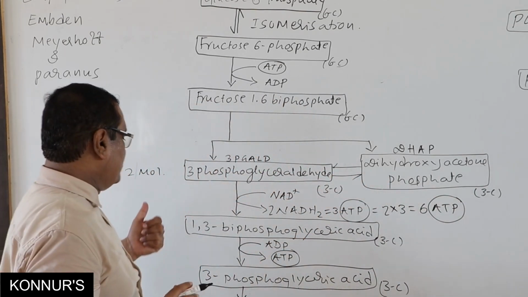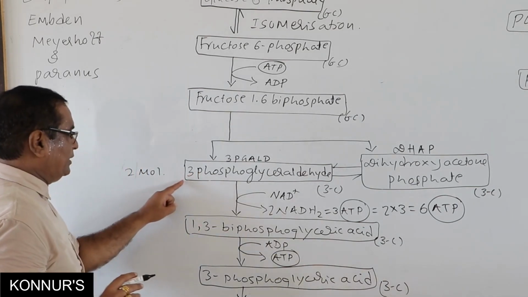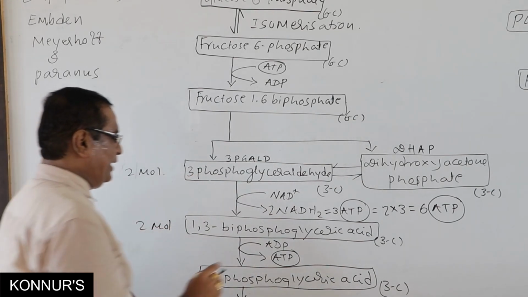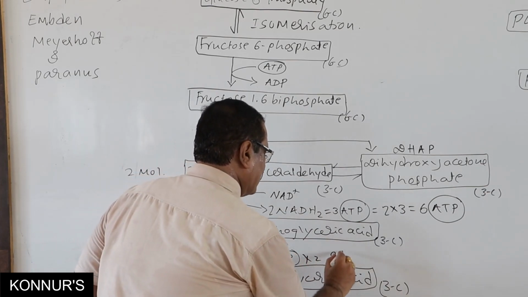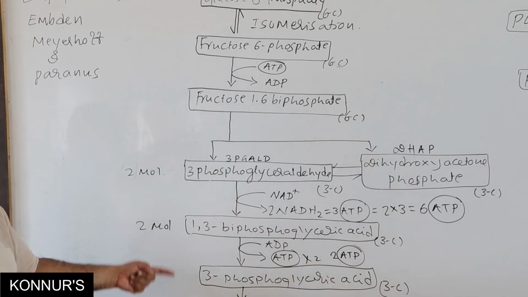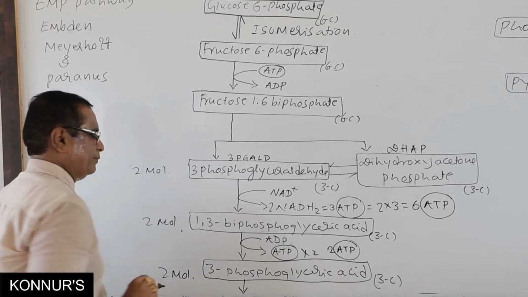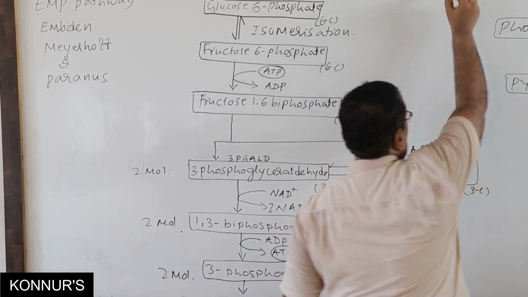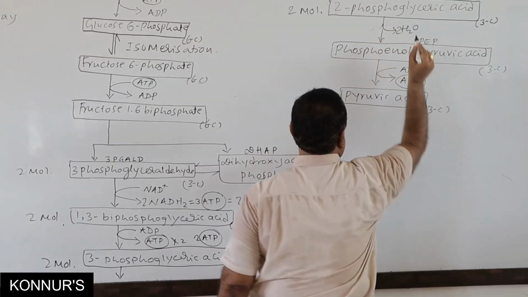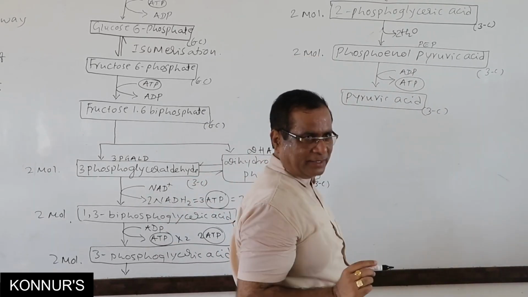And now this 1,3-biphosphoglyceric acid is also 2 molecules, and here 2 ATPs are formed. And as it is 2 molecules, this is also 2 molecules. And now this is also 2 molecules, and releases 2 molecules of water, forming 2 molecules of phosphoenolpyruvic acid.